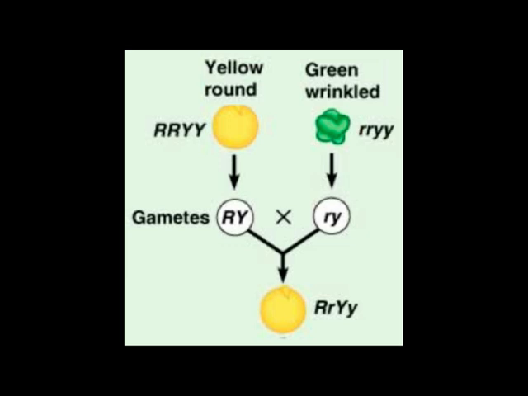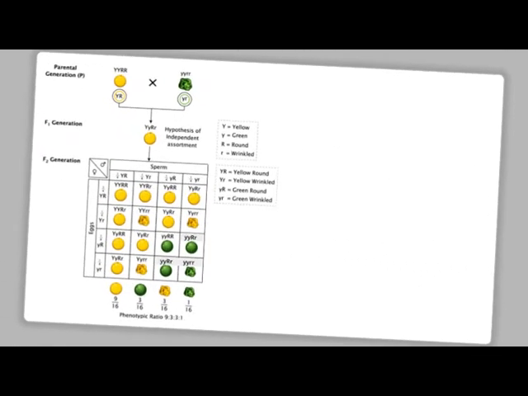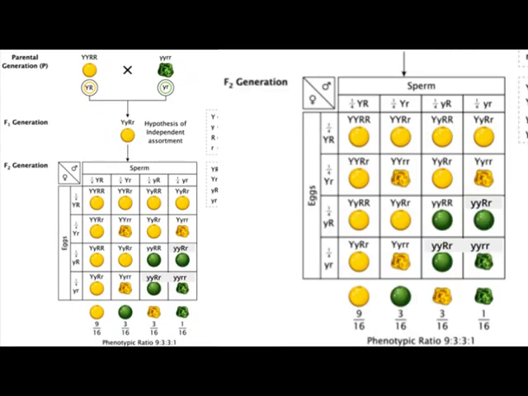The cross pollination was done, and in the F1 generation, all plants with round and yellow colored seeds were obtained. This was then self-pollinated, and this results in the F2 generation, in which we obtain four types. In the first combination were plants with round and yellow colored seeds. Second, plants with round and green colored seeds. Third, plants with wrinkled and yellow colored seeds.